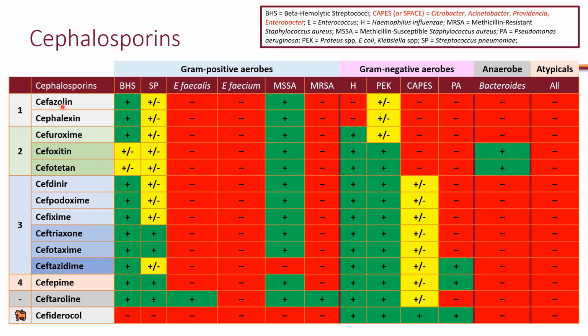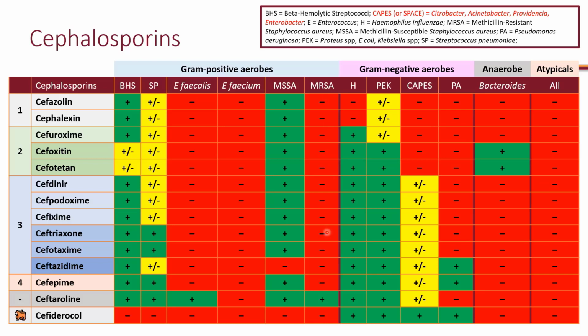So for the first generation, we have cefazolin and cephalexin. They have essentially identical spectrum of coverage, so good activity against beta-hemolytic strep, somewhat active against strep pneumo, and nothing against Enterococcus species. And they do have activity against MSSA, so even though Staphylococcus aureus makes penicillinases, it cannot break down cephalosporin, so this is active, but they do not have activity against MRSA.